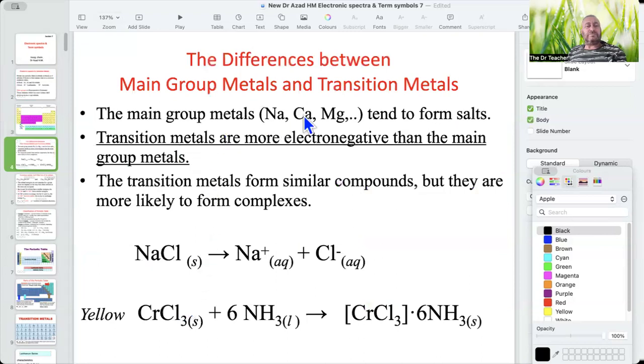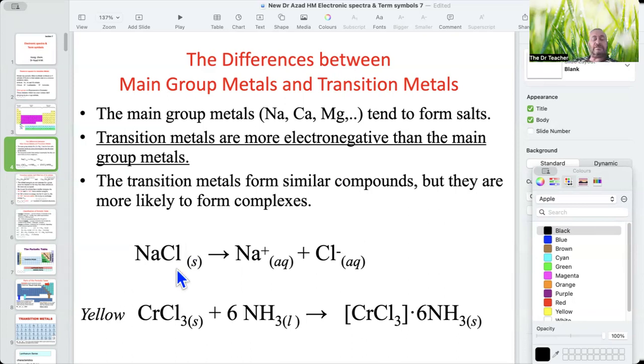There are differences between main group metals and transition metals. If you dissociate sodium chloride salt, it will go to ions, cations of sodium and anions of chloride in aqueous solution. So there will be ions in the solution if you dissolve solid NaCl in a solvent.